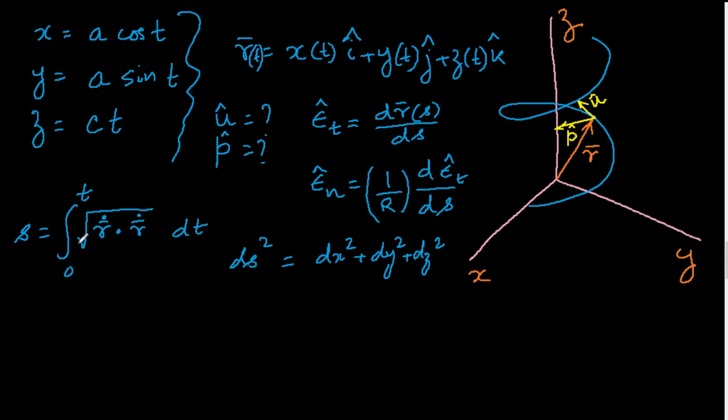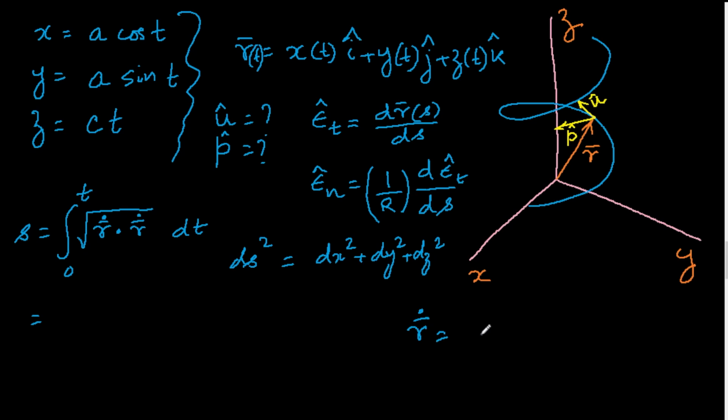Now, so the idea is, you evaluate this, you will get s as a function of time, then you invert that function to get t in terms of s and just substitute it here. So that's the basic idea. Now for this problem, what will you get? Say r dot, what will be r dot?